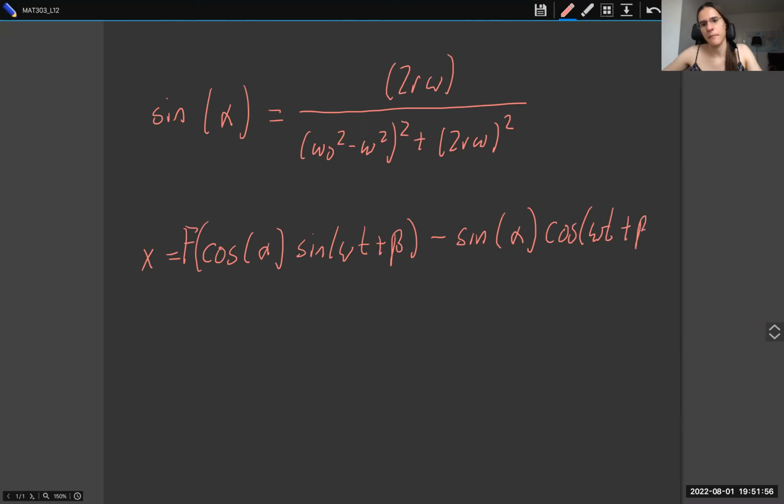Yeah. And what that's equal to is F of sine of omega t plus beta minus alpha. So you can check that.